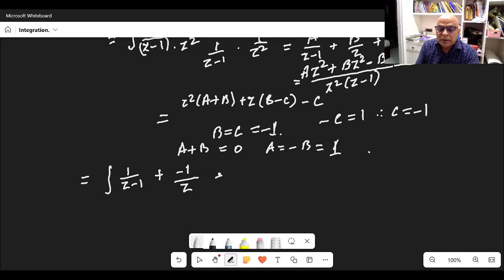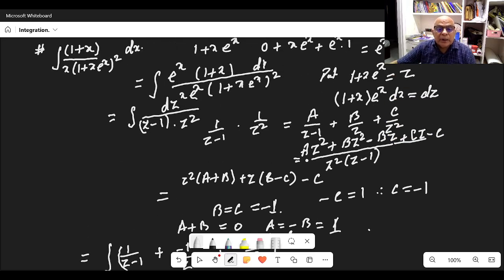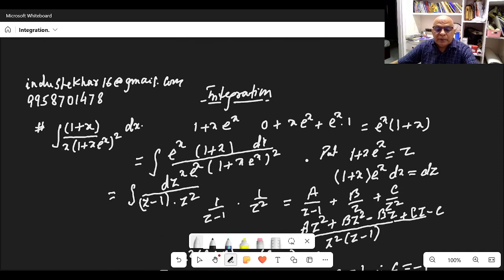And our third term will be C, again minus 1, so minus 1 by z squared. Now put it into a bracket and write here dz.